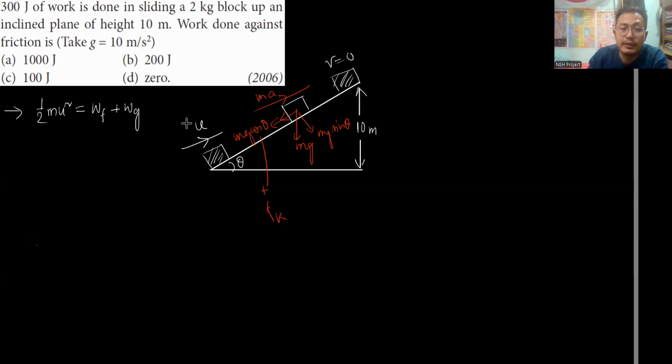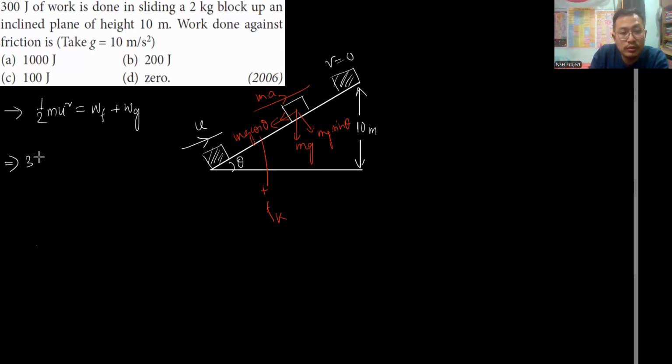Since there is friction, the block has to be pushed, and the total work done is 300 joules.